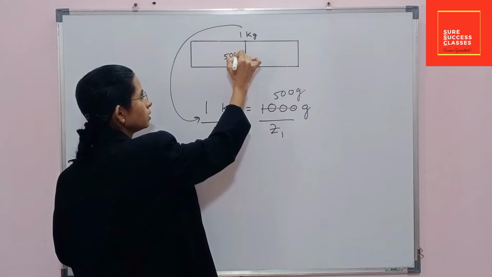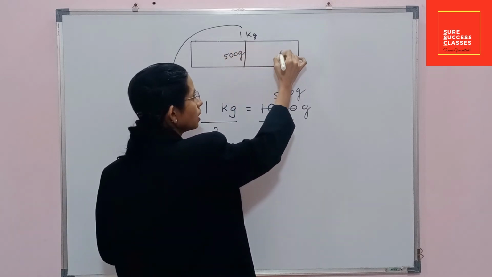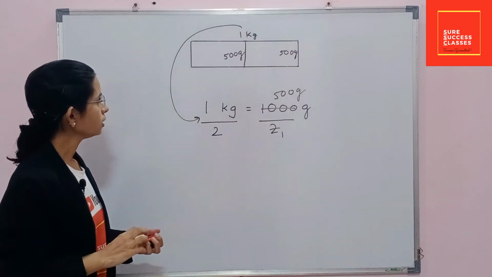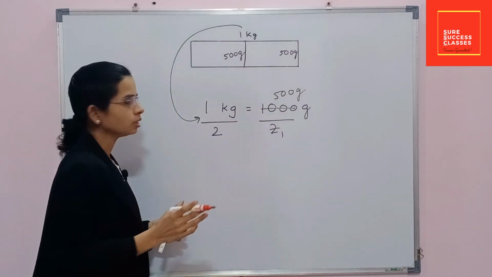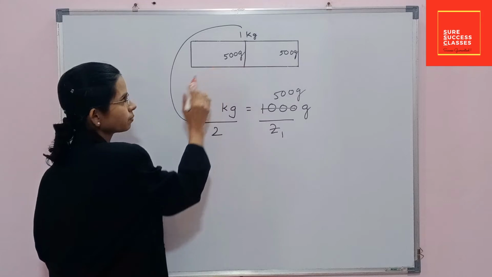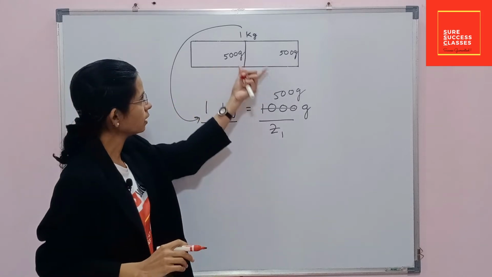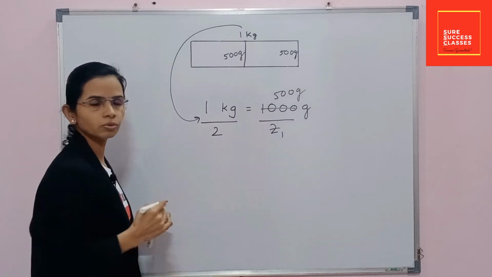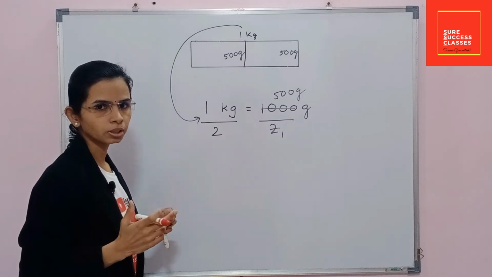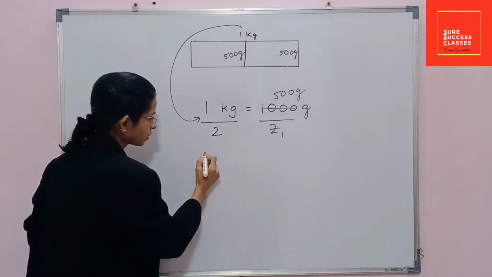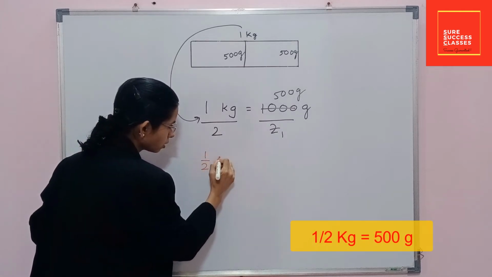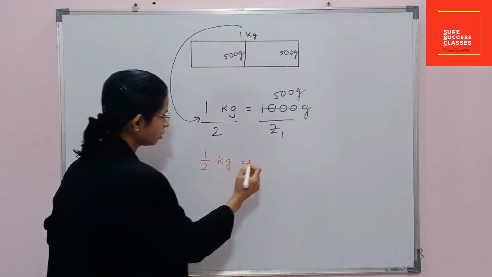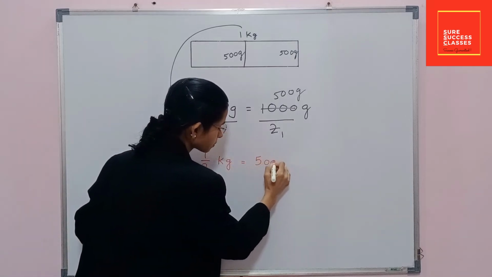This part will be of 500 grams and this part will be of 500 grams. And if you observe, this half part and this half part make 1 kilogram. So here we came across a very important conversion, that is half of 1 kilogram is equivalent to 500 grams.